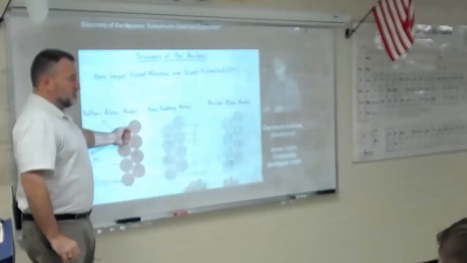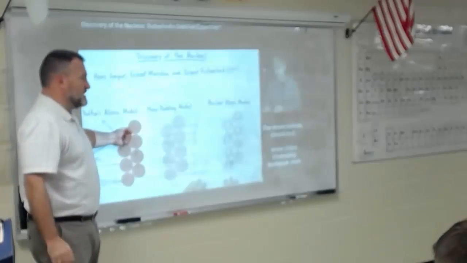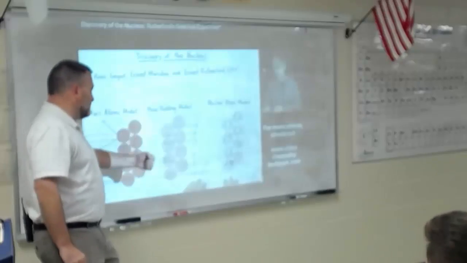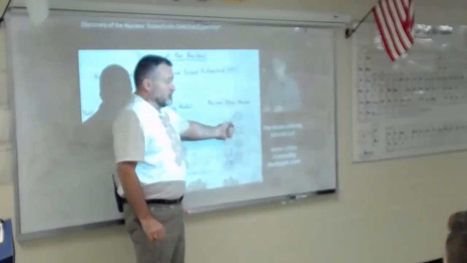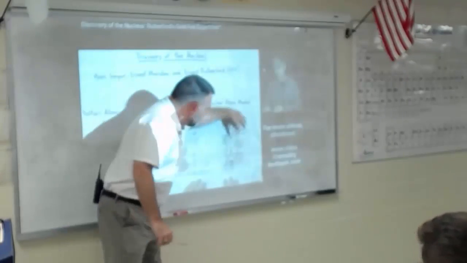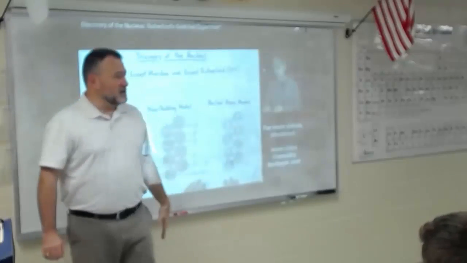Dalton's model came after, remember we talked about this, like 2,500 years of thinking. And then in a very short period of time, we went to the plum pudding model. And then in an even shorter amount of time, we went to the nuclear model. And as he alluded to, even this way of understanding the atom in the nuclear model is not the way we currently think of the model.